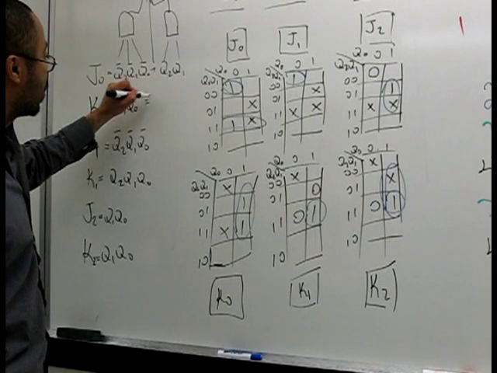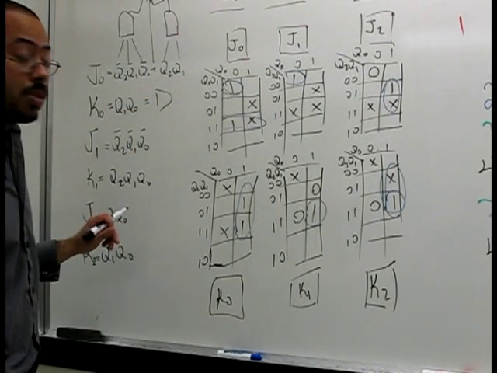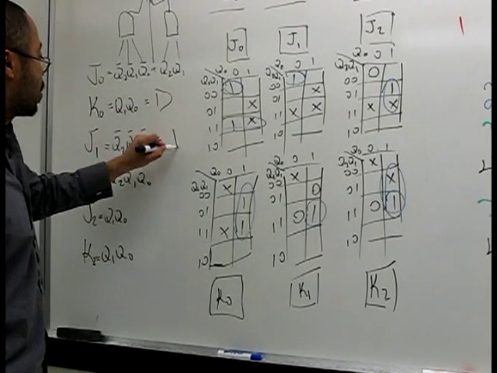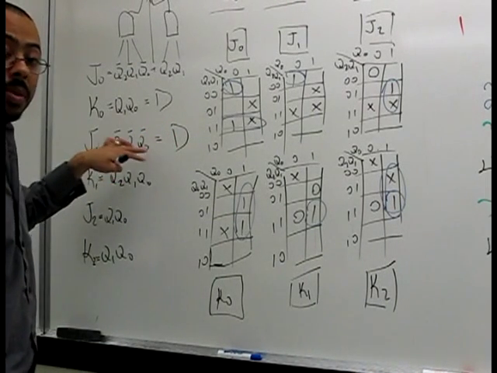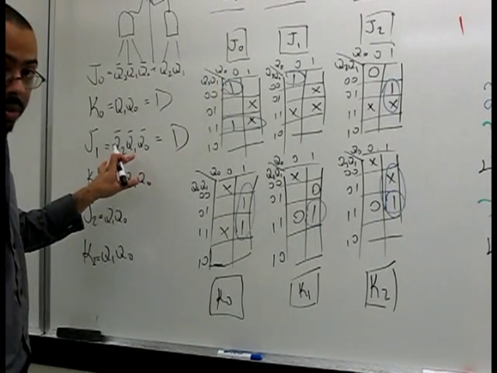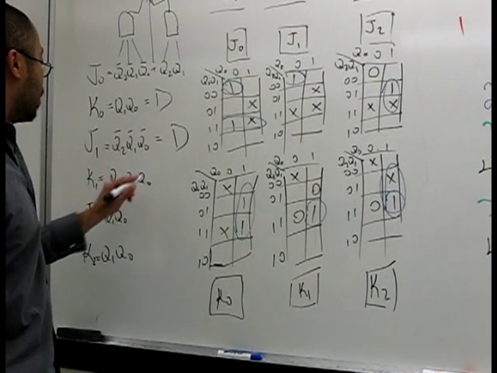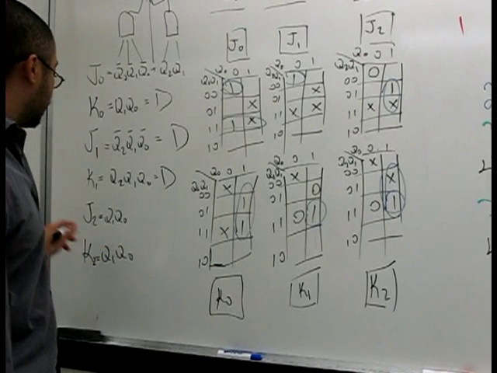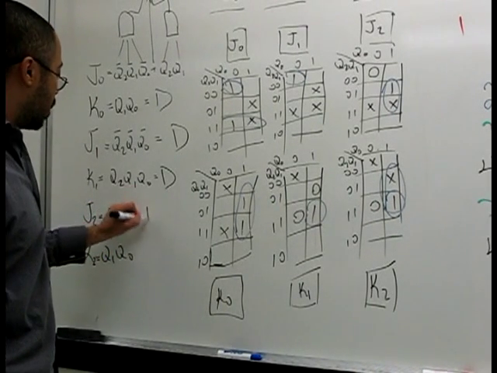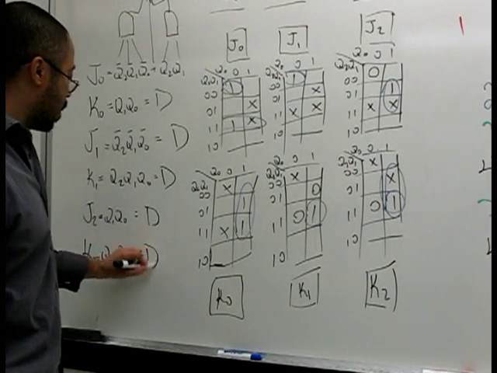Here, this is just a simple AND gate off of these 2 outputs. This is just another AND gate off of these 3 outputs. Of course, these would be the inversions, the Q naughts, of that particular JK flip-flop. This would be an AND gate here, another AND gate here, another AND gate here.